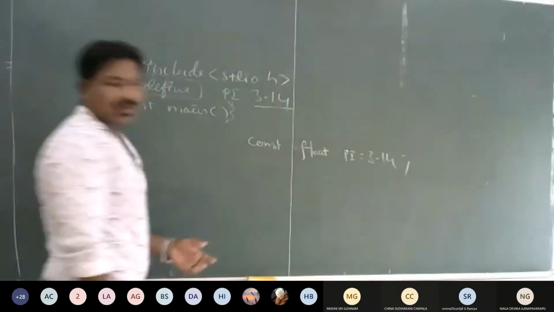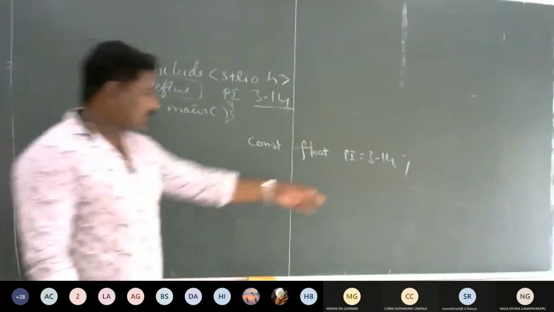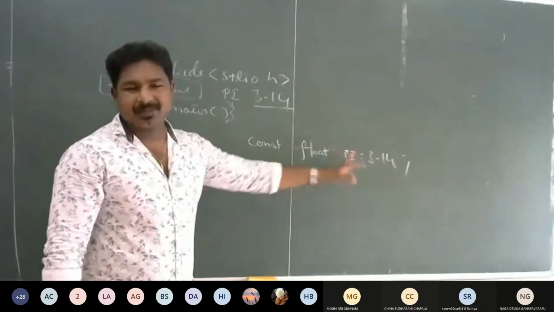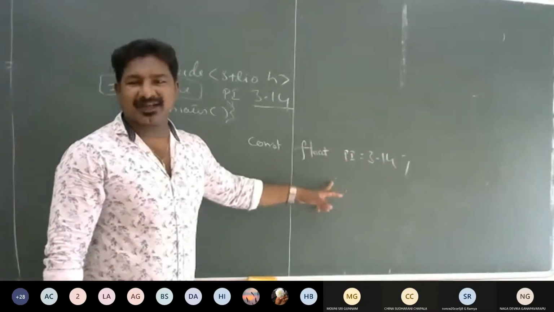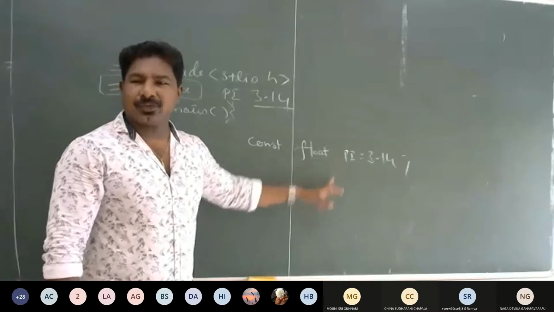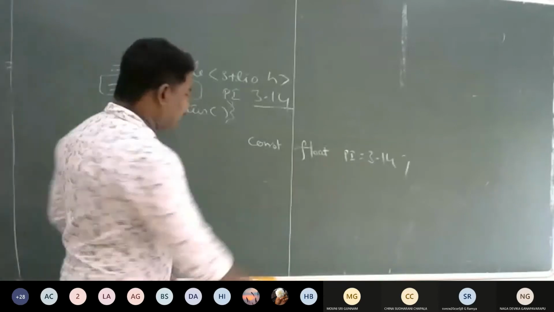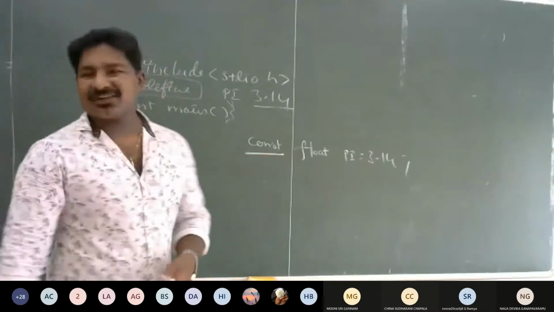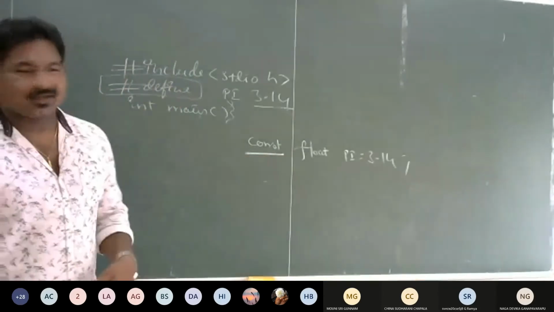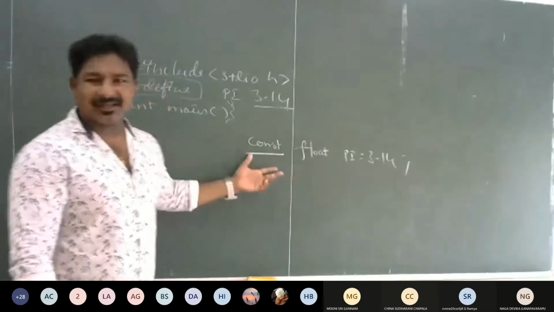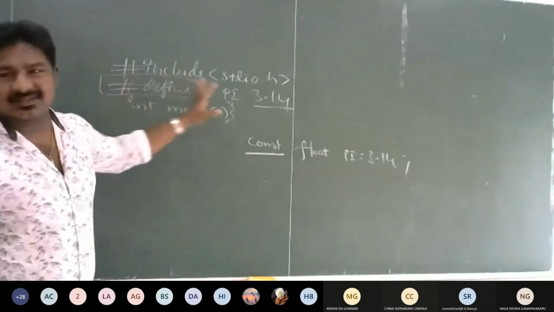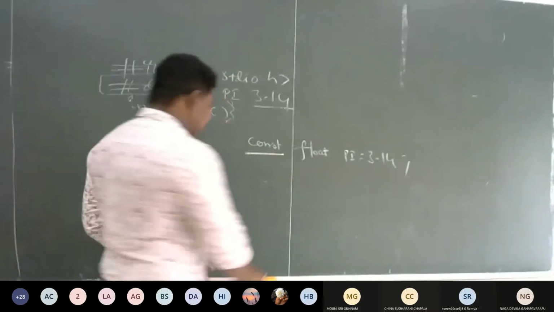This is another way to create the pi value. 3.14 is a float value, and the name is pi, and I have to say that this cannot be changed. Throughout the program, its value is 3.14 only. So for that, we can use the keyword const, right? So you can create the pi like this, or you can create it like this, right? So that is the use of hash define.